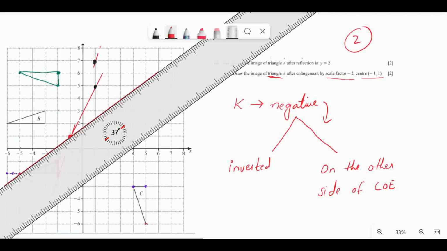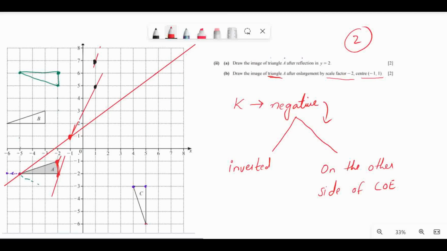Now we can see that the difference between these two lines must be 1, 2, 3, so the other must be 6: 1, 2, 3, 4, 5, 6. So this will be the second point.